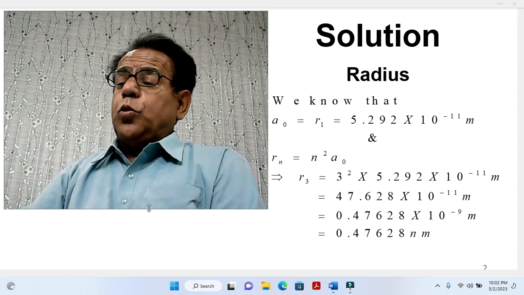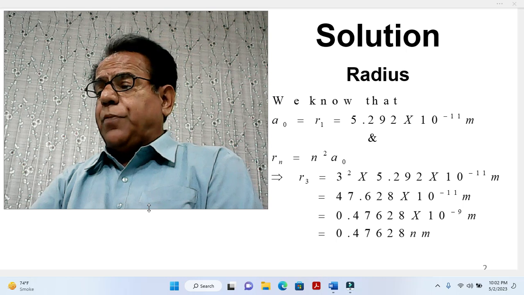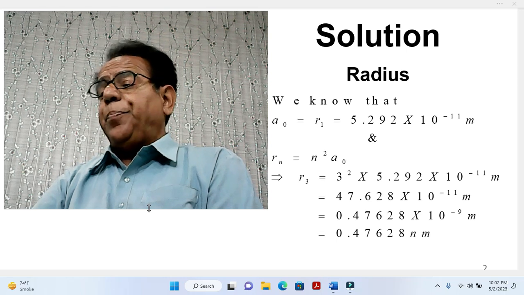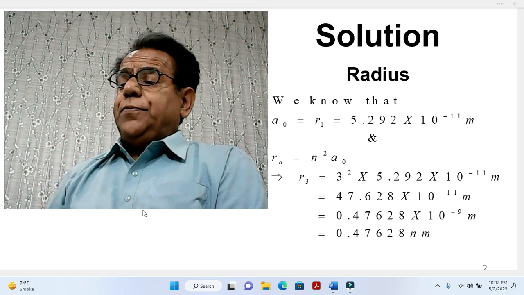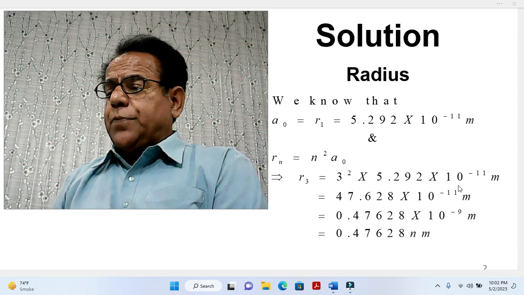This becomes equal to 0.47628 into 10 to power minus 9 meter. Dear students, we know that 10 to power minus 9 is not very important for us.